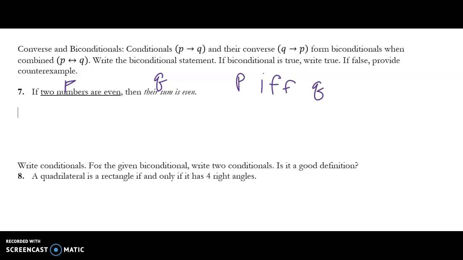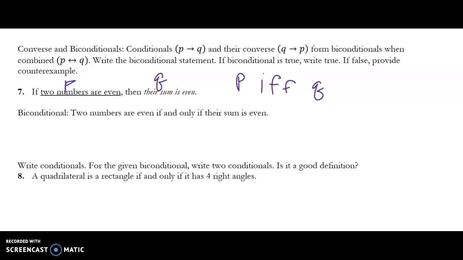So to write my biconditional would be P first. Two numbers are even if and only if their sum is even.